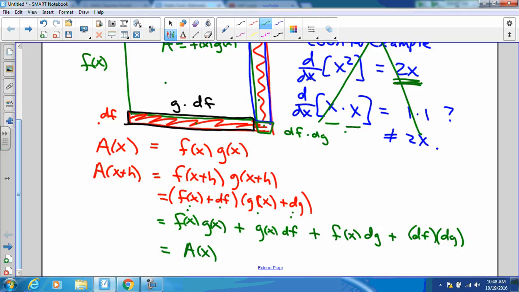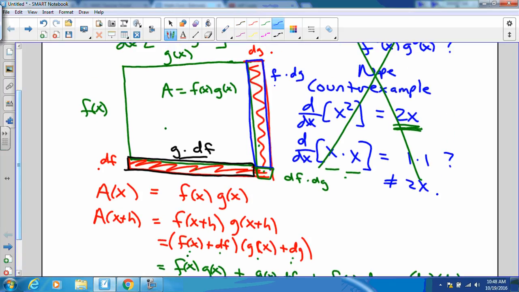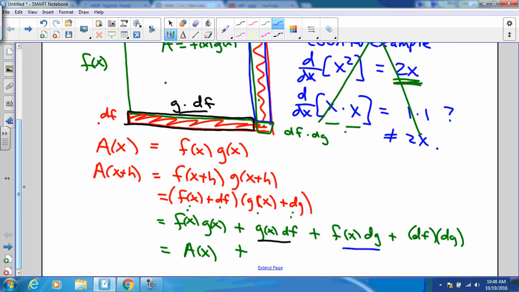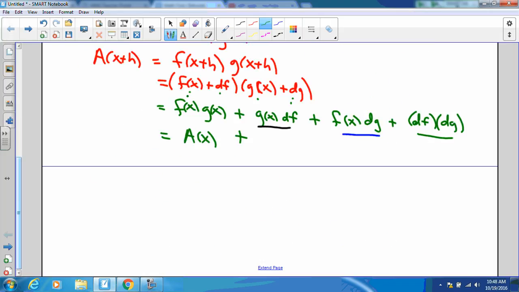The f g is the original area, and the g df is the rectangle right here, and the f dg is the rectangle right here, and the little tiny df dg is the rectangle right here.